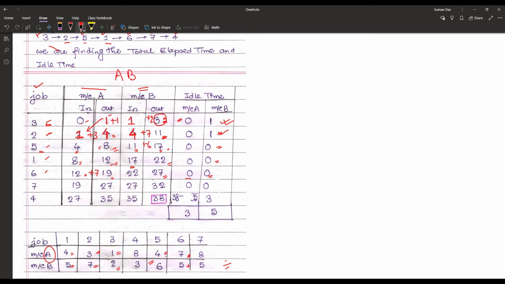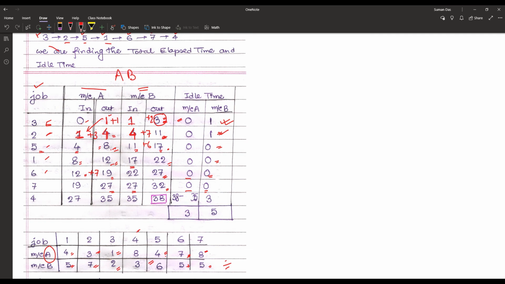Next job 7. Machine A ended on 19, and the processing time is 8, so 19 plus 8 is 27. Machine B started the work immediately, so there is also no waiting time for machine B, and the processing time of machine B is 5, so it ended at 32 units of time. So once again no idle time or waiting time for machine A and machine B. Now the final job, that is 4.